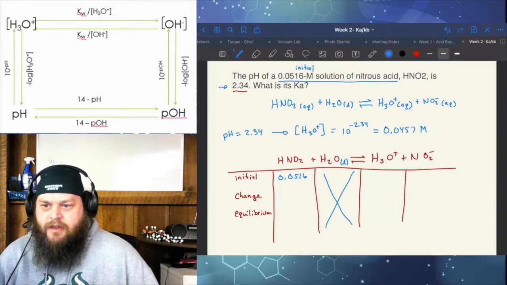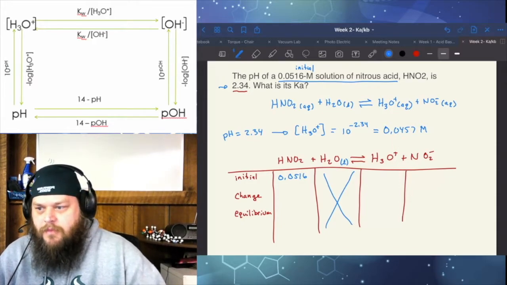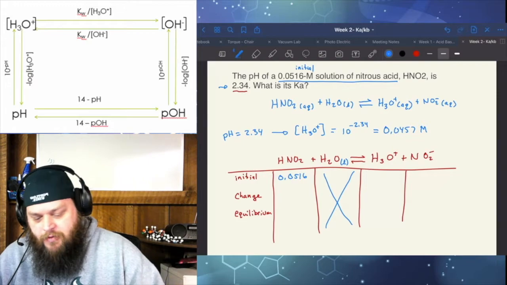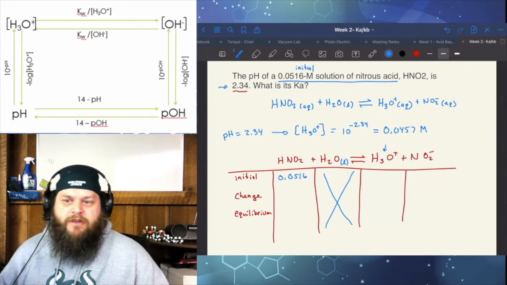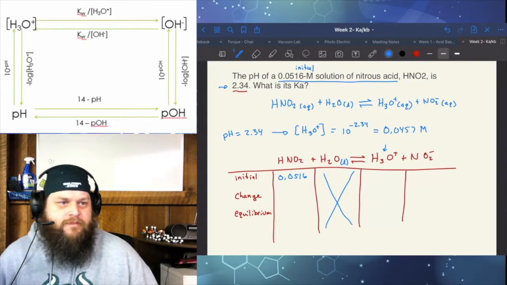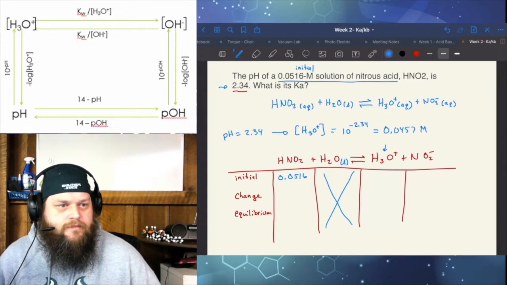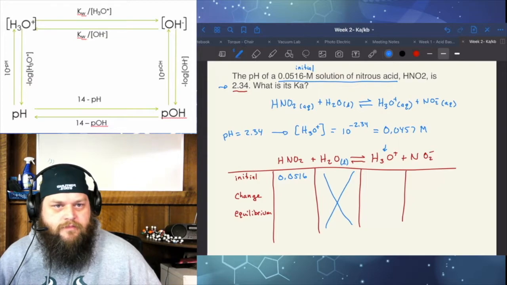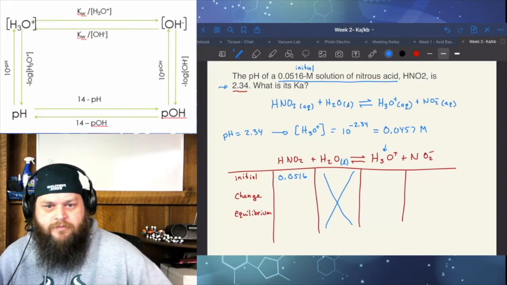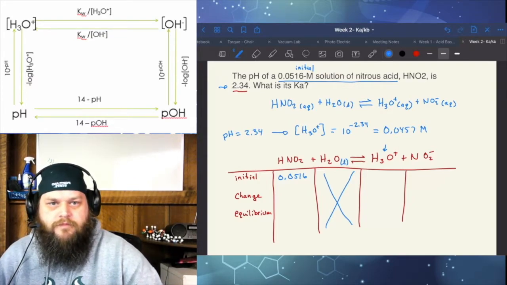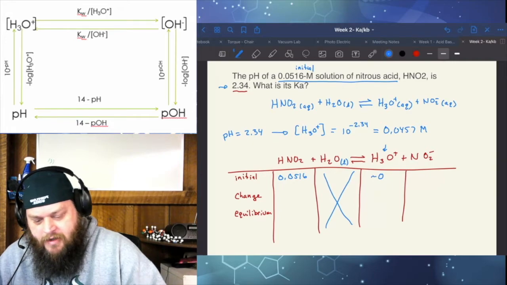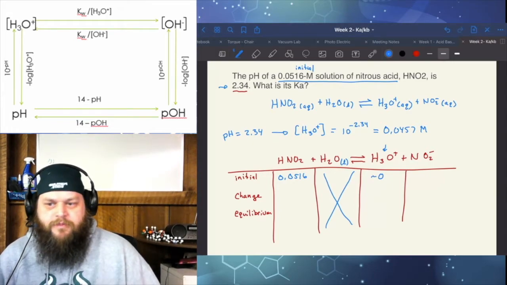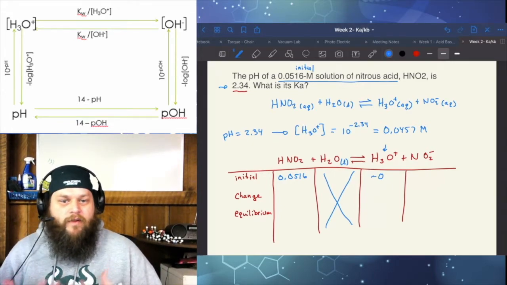What is the initial concentration of hydronium before any of that reaction happened? Zero, yeah. And it's really approximately zero. Any water always has a little bit of hydronium in it.